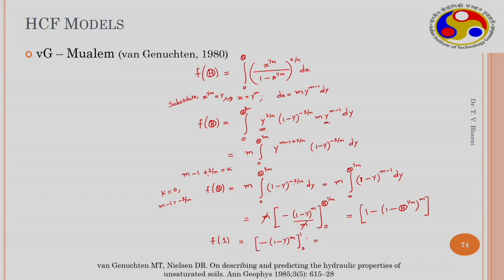When 1 is substituted, this is 0, and when 0 is substituted, this is minus 1, and minus of minus 1 is 1. So, when this is simplified and the kr term is written, kr of theta is equal to theta squared times f of theta by f of 1.